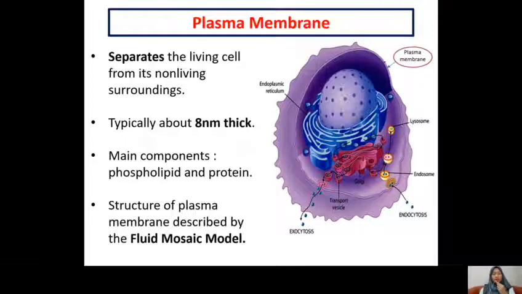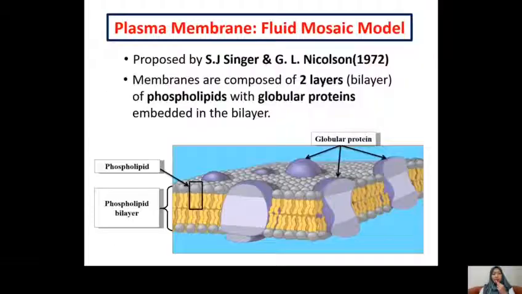Okay, so if you want to discuss the structure of the plasma membrane in a very detailed way, we can do that by looking at the fluid mosaic model. This model was proposed by Seymour Jonathan Singer and Garth Nicholson in 1972.